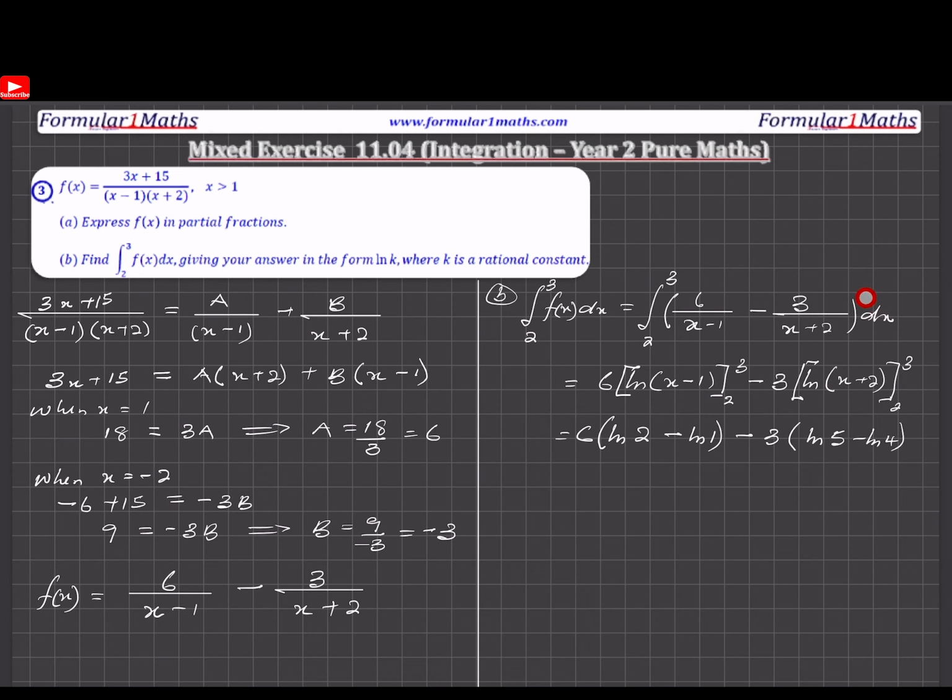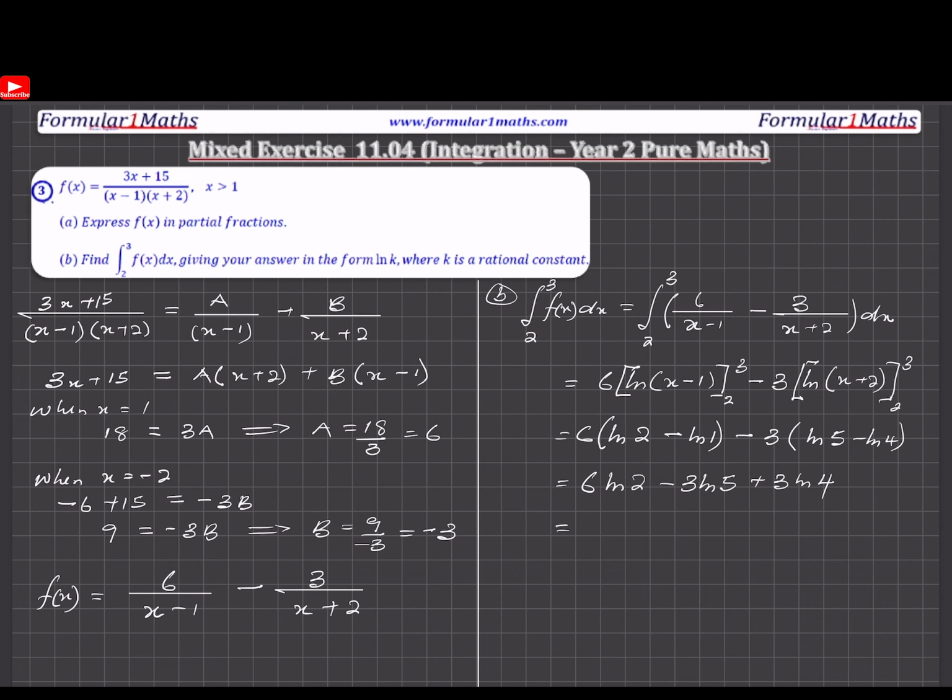Then I'll simplify this, and I'm going to get 6 ln 2, but ln 1 is 0, so I have minus 3 times that will give me 3 ln 5, and then minus times minus ln 4 will give plus 3 ln 4.